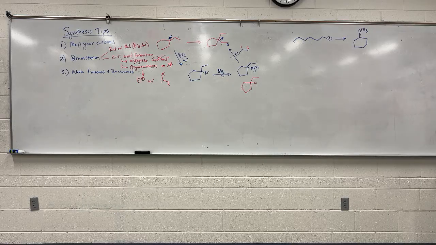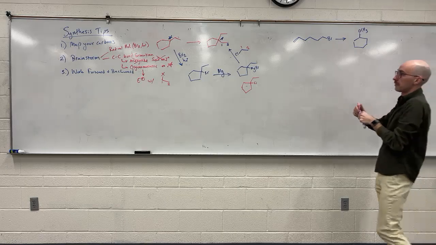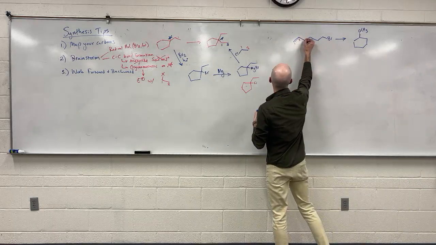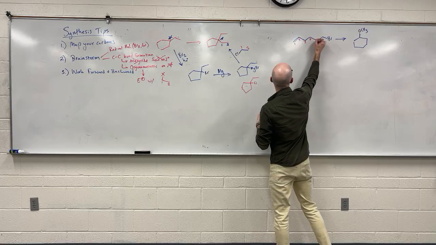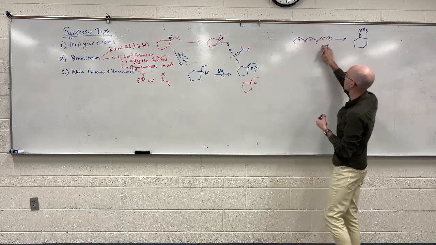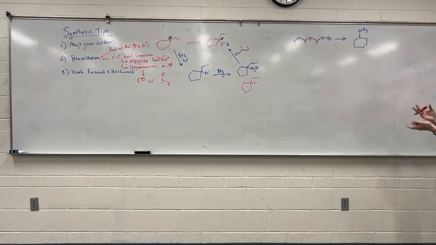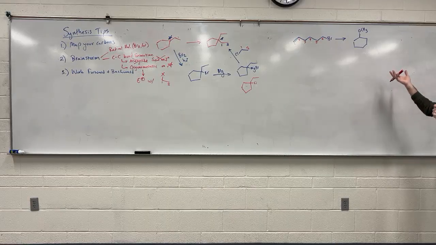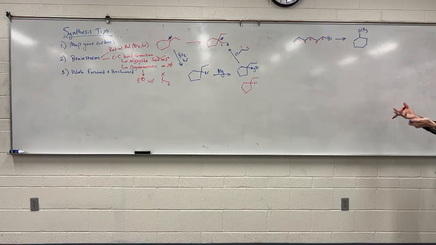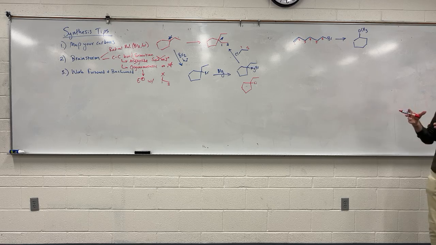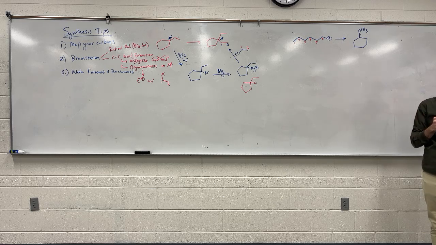So somehow I need to take these 6 carbons in a chain and link them together. I can start numbering wherever I'd want. I'll number from the left and I'll number to the right. Now I can't quite say where carbon 1 is and where carbon 6 is, but it should be obvious that at some point I'm going to need carbon 1 and carbon 6 to bond to each other.